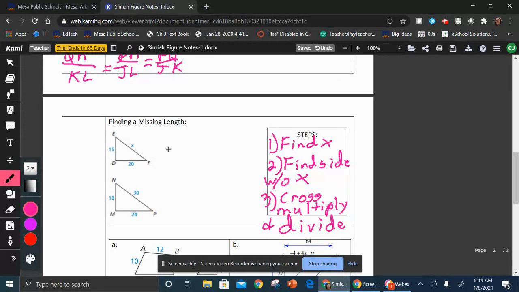Okay, so we're going to assume that this is the original, this is the new, okay? So I see X, the corresponding side is going to be 30.